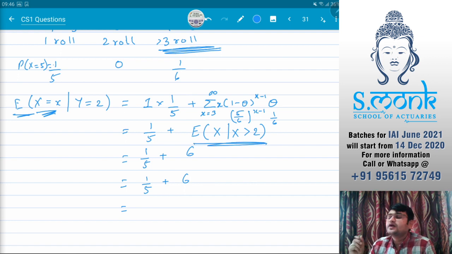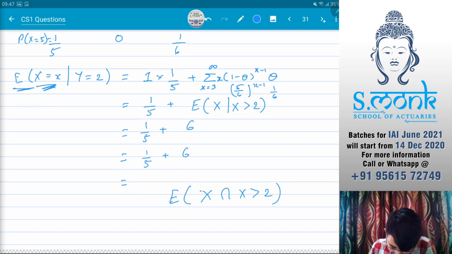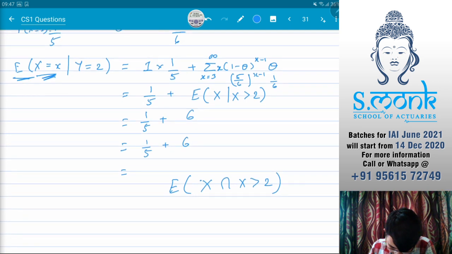Expected value of x given x is greater than 2. So for that, expected value of x intersection x greater than 2 upon probability of x greater than 2.